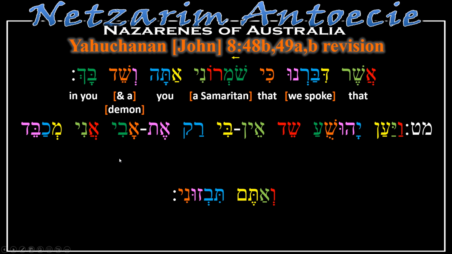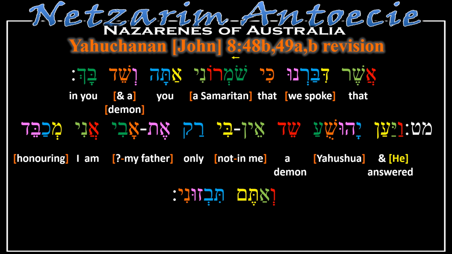Rak, only, et, grammar marker, avi, my father, ani, I am, mechabed, honoring, glorifying, respecting. And he answered Yahushua, a demon not in me, only my father I am honoring. Ve'atem, and you, tivzuni, you do ridicule me. And you will ridicule me.